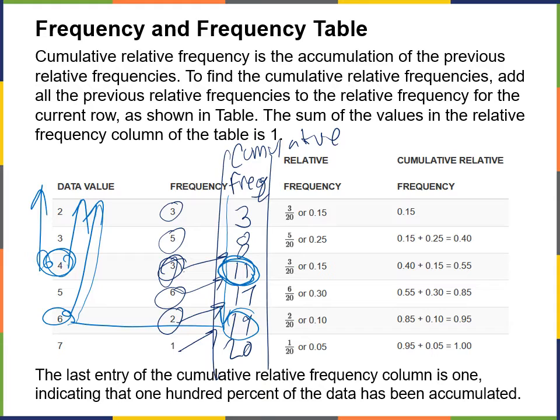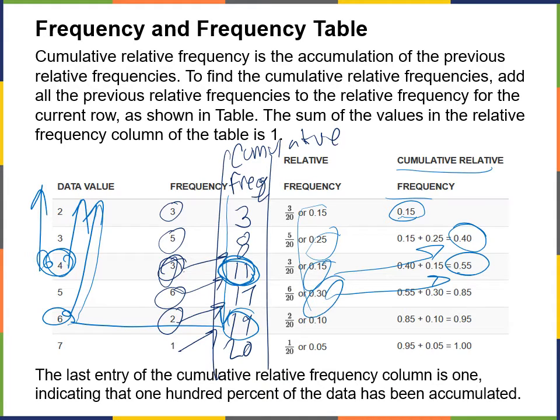All right? We could do it with the relative frequencies as well, which is what this column is doing, in which case your relative frequency for the first one is 15%, and then you add that to the next one, which is 25%, so that's the cumulative relative frequency. Then add the next one to that, you get this. Add the next one to that, you get this, etc. And you should get all the way up to your 100%.